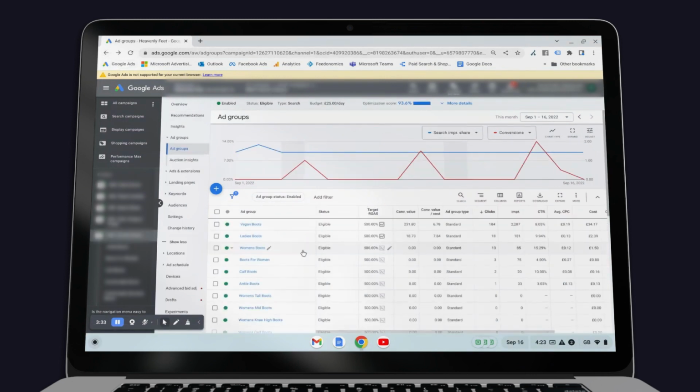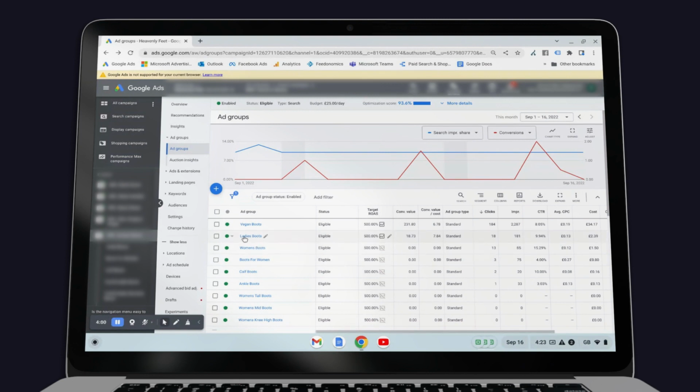Now, if we didn't have those ad groups split out, it would mean that we would find it very difficult to make the ads relevant to the ad groups that they sit within. So for example, if we had one ad group that had vegan boots and ladies boots within one ad group, that relevancy would be quite difficult. So it's really important to make sure that we're segmenting and splitting out the ad groups.